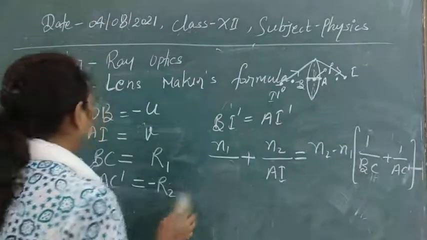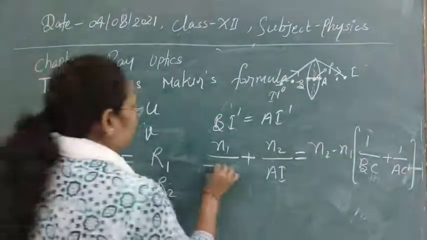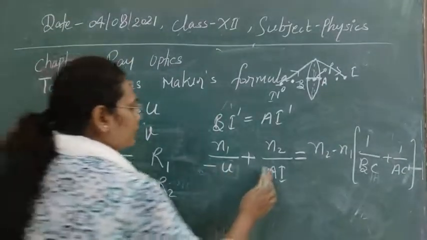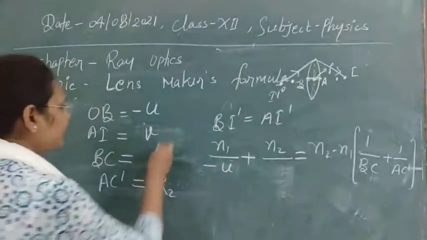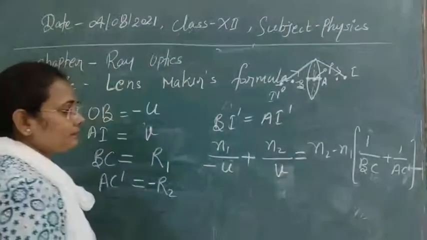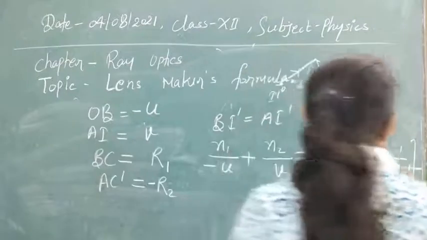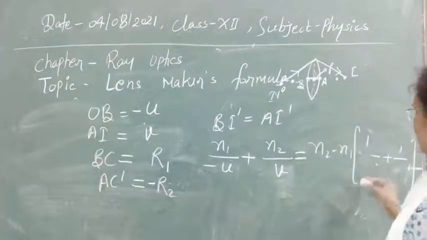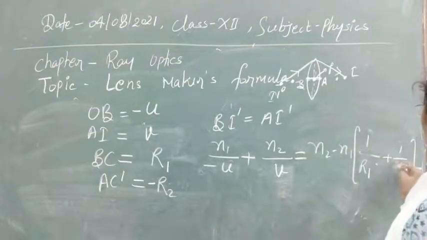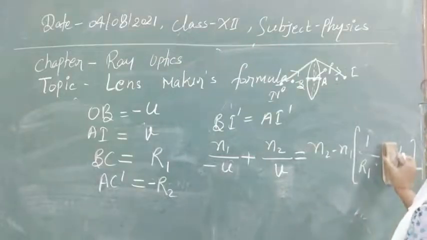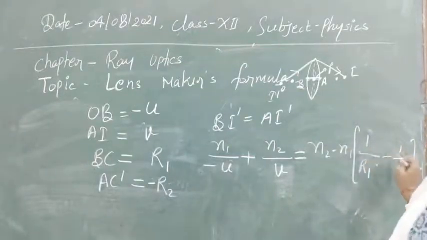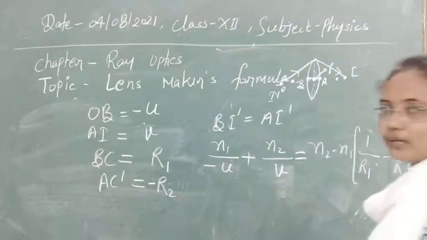First, in place of OB, this will be equal to minus u. In place of AI, we write V. In place of BC you will write 1 upon R1. In place of AC, you will write minus R2, and in the place of plus 1, this will be minus 2. Clear?